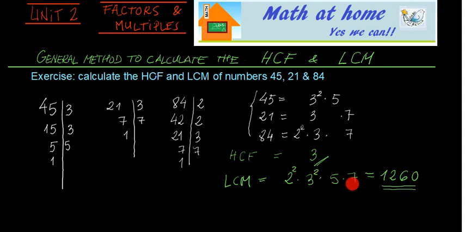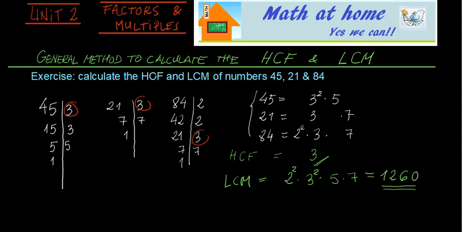And 3 is a common factor of all, so it is contained in all the numbers. Of course, there is not any other that is in all of them.